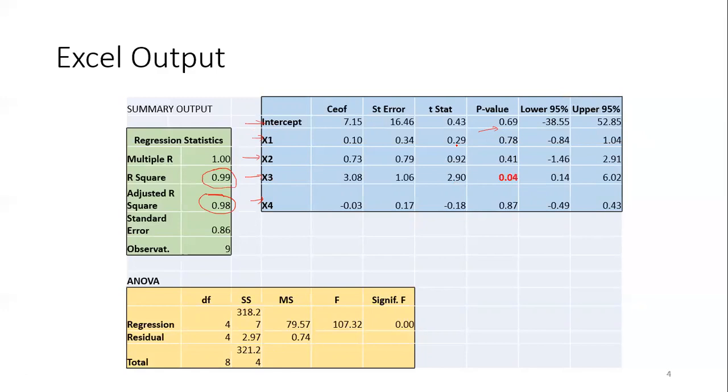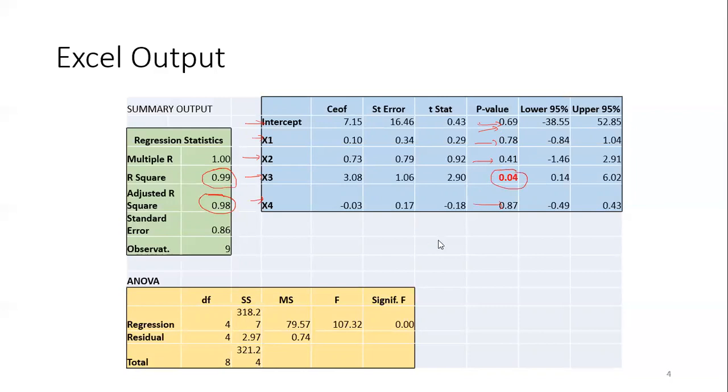Each line is a hypothesis test, and these p-values just refer to that hypothesis test. So it turns out that you can reject the hypothesis in this line, in this line, here, and here. The only thing that you cannot reject is this one.